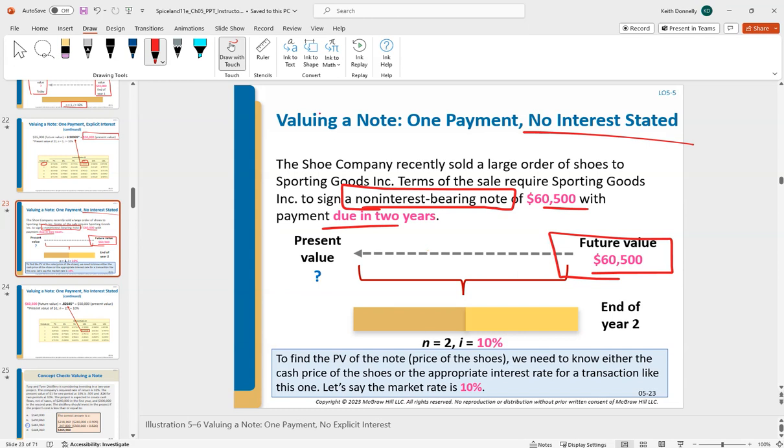Now, there are different rates here: you've got the stated rate, the effective rate, and the market rate. We're going to use that market rate for the I there. Here, the stated rate is 0.